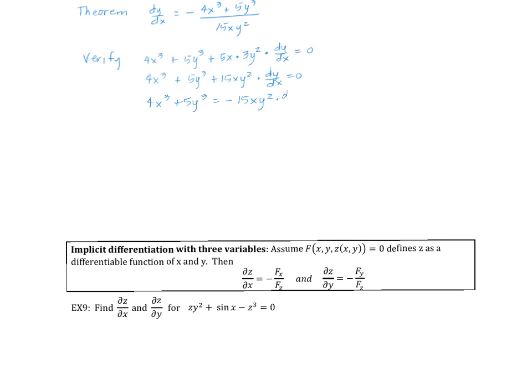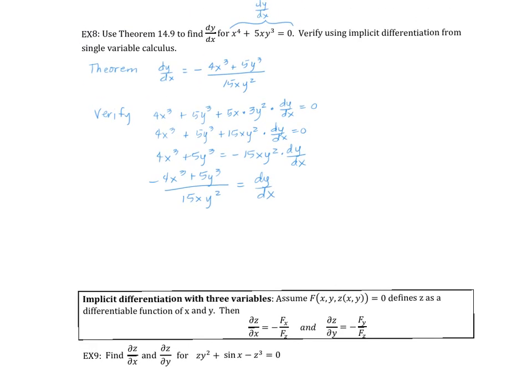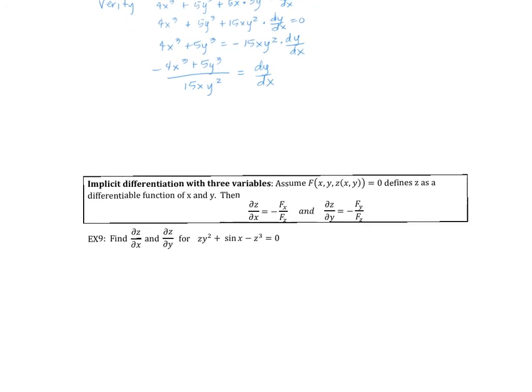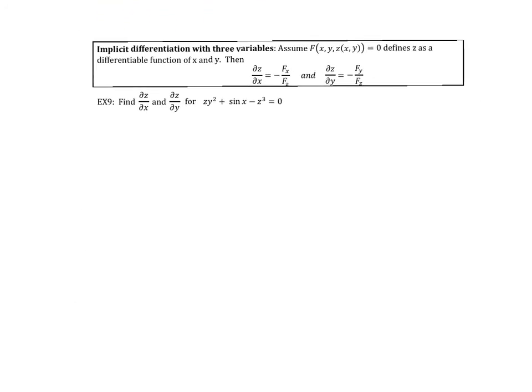And then I would simply divide everything by the negative 15xy squared. So I get the same derivative as I did when I used the theorem. However, going back to Calc 1 using implicit differentiation, it takes a very long time. So it's easier just to use the theorem if applicable.